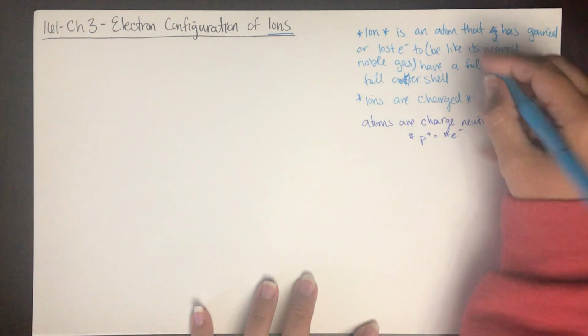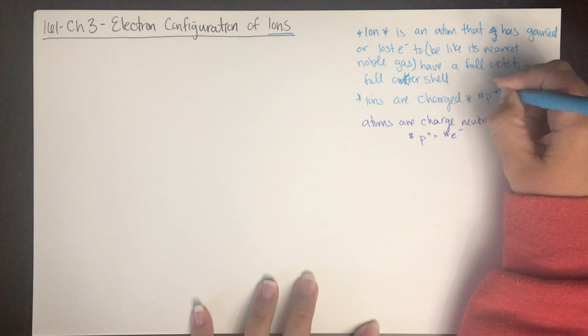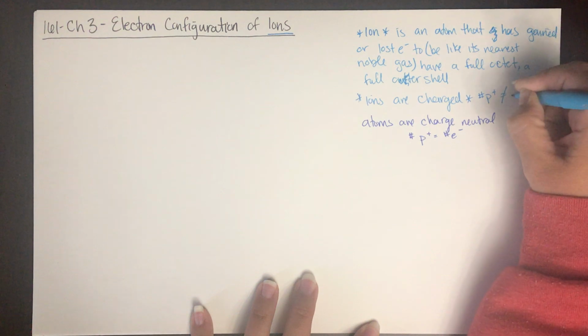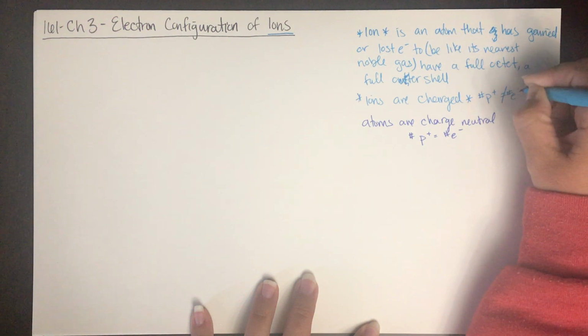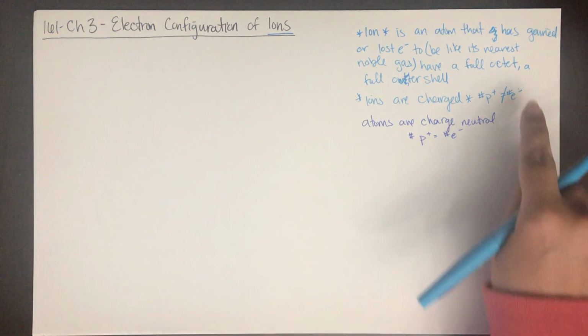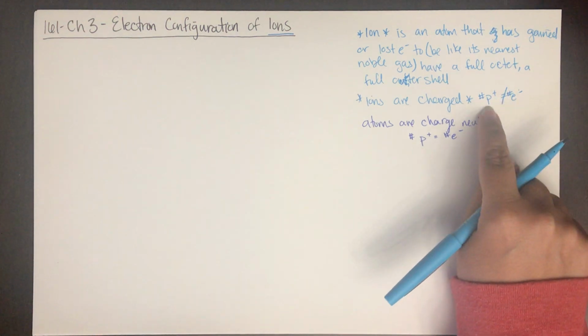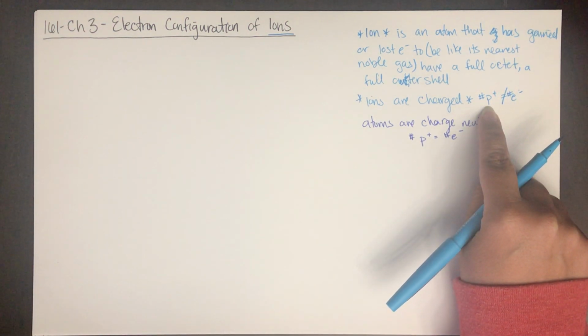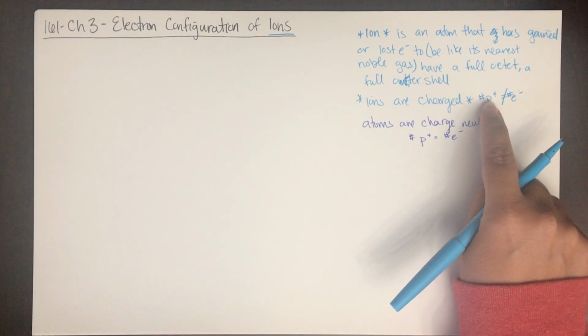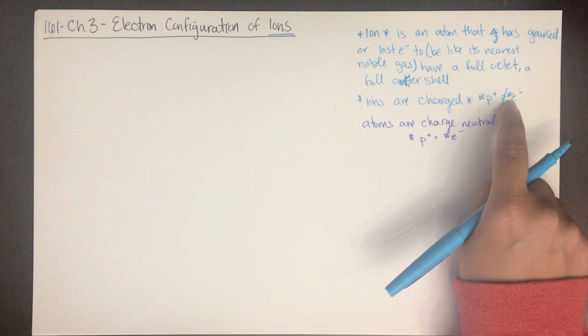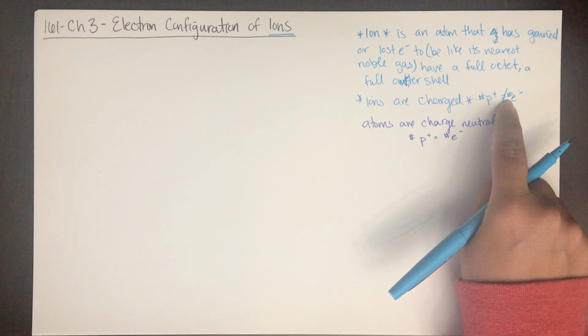Ions are charged. The number of protons does not equal the number of electrons because the electrons have been gained or lost. We're never gaining or losing protons because remember, protons give that element its identity. We can't gain or lose protons. We can gain or lose electrons.